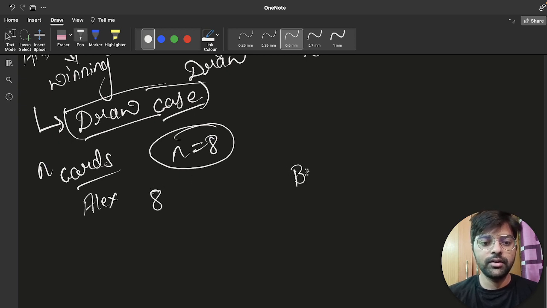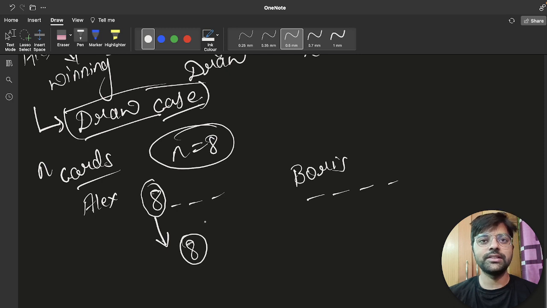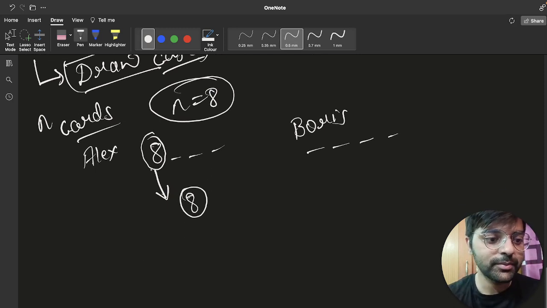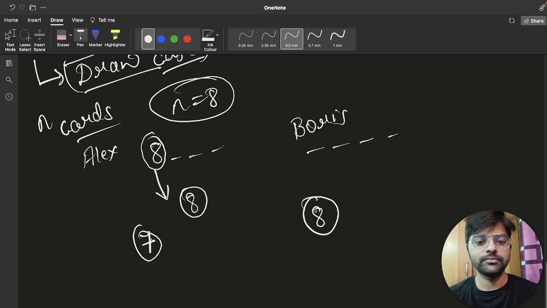In round 1 Alex will throw 8 and he will win easily, because 8 is the biggest number, right? So to negate this, Alex must not have 8. So who will have 8? Boris will have 8, right? And for this Alex will have 7, right?